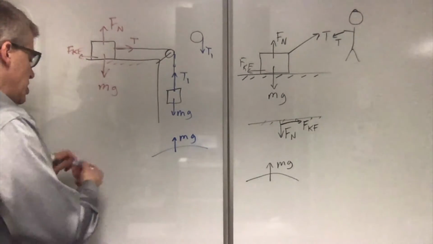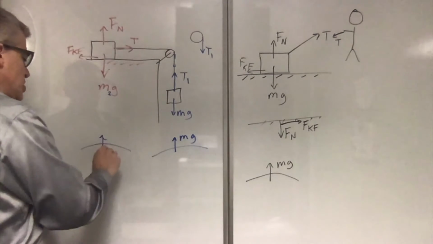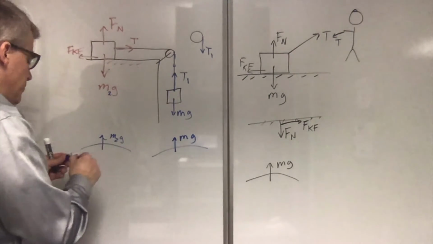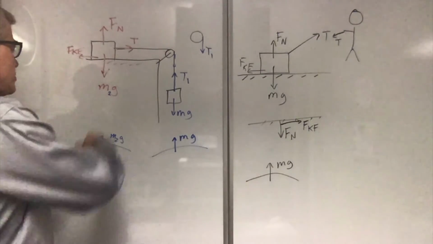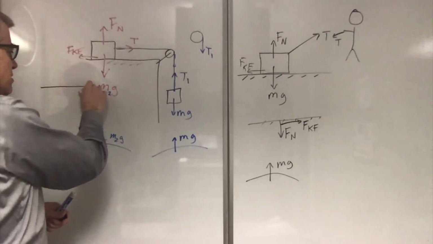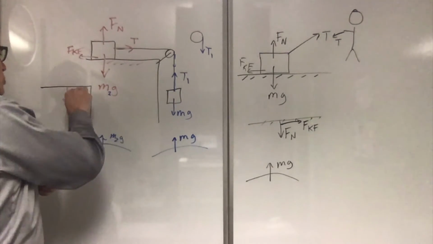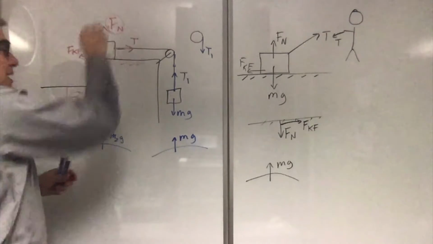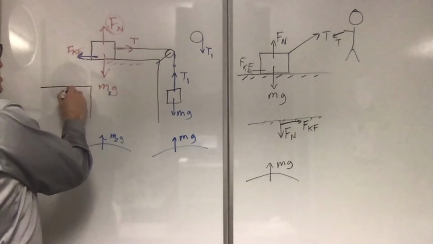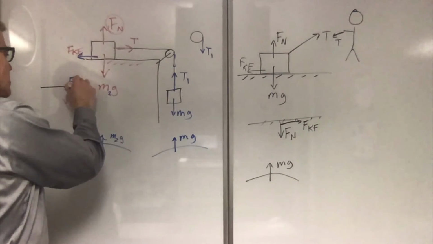Well, to mg, as always, make that m2g, is a force of m2g pulling upward on the Earth. The normal force is due to the table, so we need a force diagram for the table, and that would have the downward normal force matching that. The force of kinetic friction is going to make a rightward drag on the table.